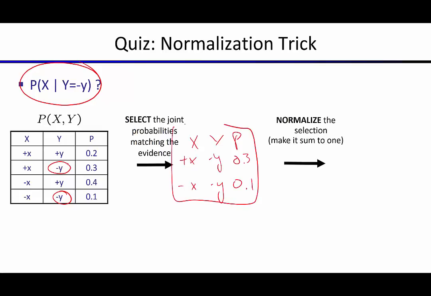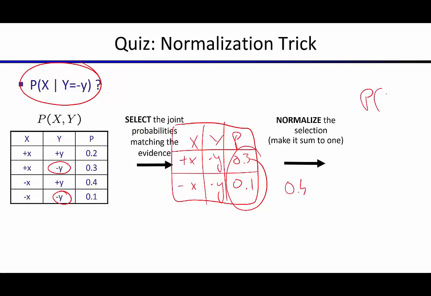That's our selection. Now the normalization trick tells us all we need to do is sum these entries together, which gives us 0.4, and then divide every entry by that to get the conditional distribution. So to get the conditional for x given negative y, we end up with x and the probability here, and we just have plus x, negative x, 0.3 over 0.4, 0.1 over 0.4.